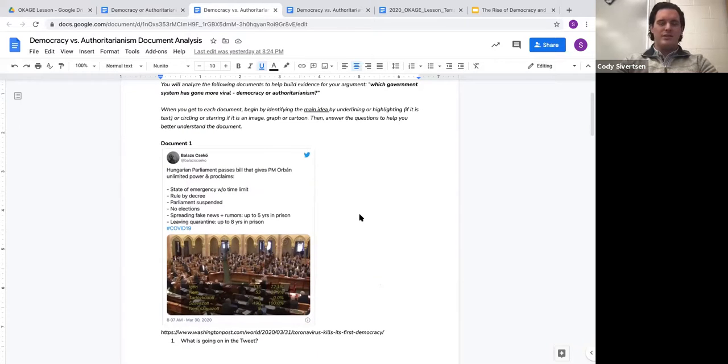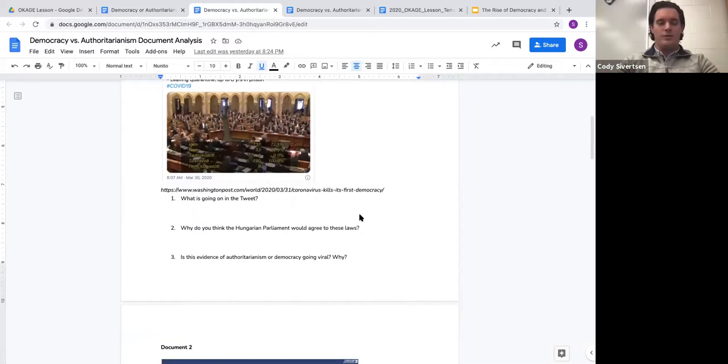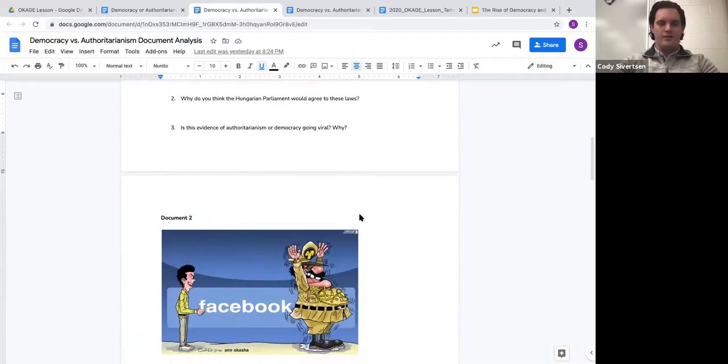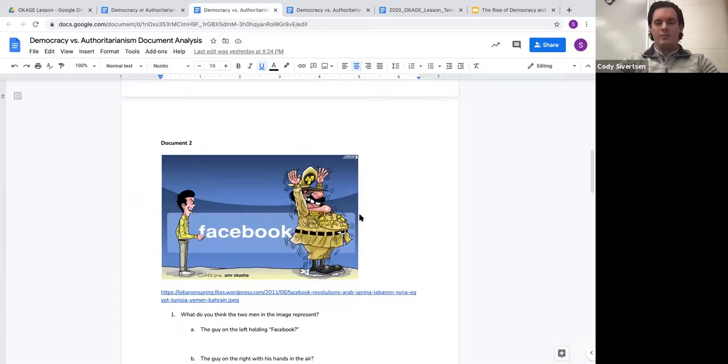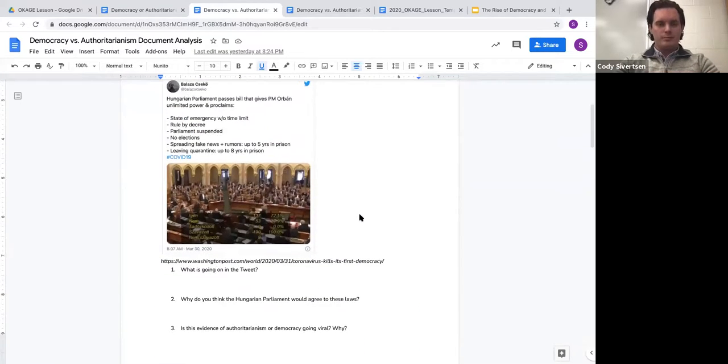Now, this year, because of COVID and virtual learning, my kids haven't been able to do a lot of document analysis. So I kind of held their hand and walked them through the documents today. It really just depends on where you're at as far as teaching primary documents and where your students are at with working through them.